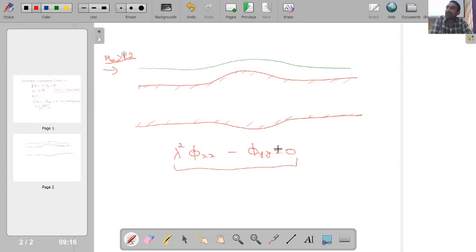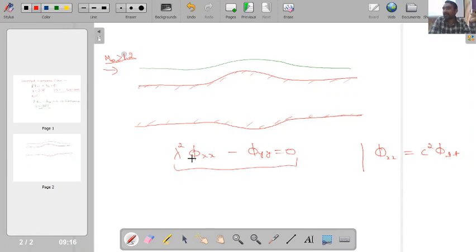If you recall, earlier we studied the linearized acoustic waves. What was the wave equation? Phi xx equal to c square times phi tt. That was the wave equation, and this particular equation is also like this. So if you just replace t with y, then what you are having?